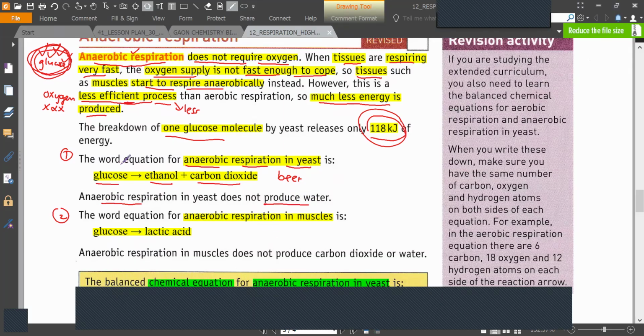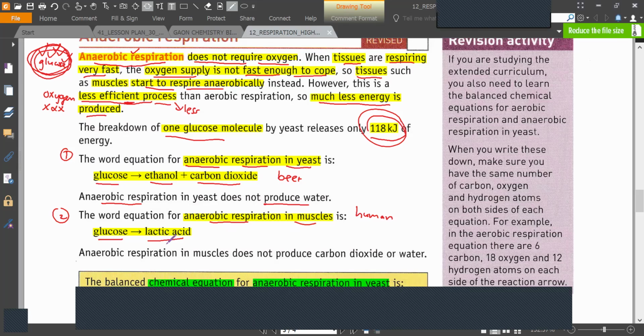Next, anaerobic respiration in muscles. In humans, it happens differently. Glucose turns to lactic acid. That's all for anaerobic respiration in human muscles.